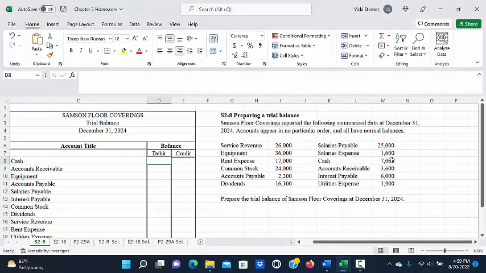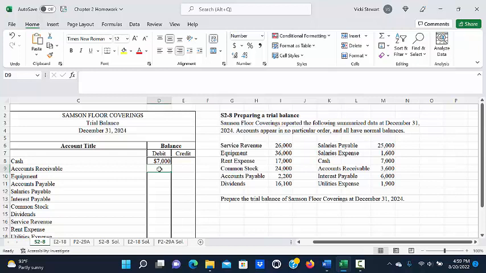So we're just taking the balances that they've given us and putting them into either the debit column or the credit column. Again, we start out with cash. It's always going to be first because it's the most liquid asset. Our assets are always listed by how liquid they are, which means how easily they're converted to cash, and cash, of course, is cash. So our first one will be cash, and that will be a $7,000 debit balance.